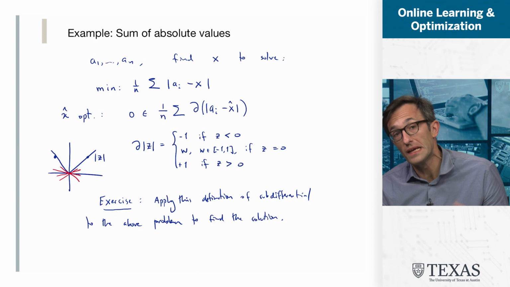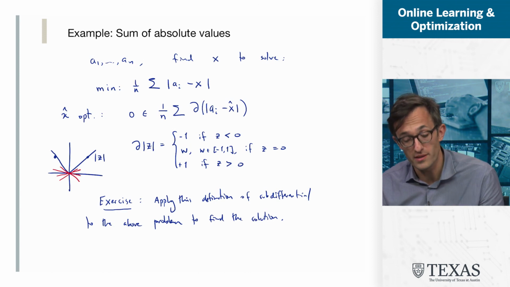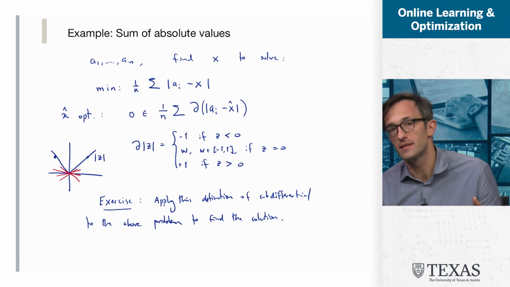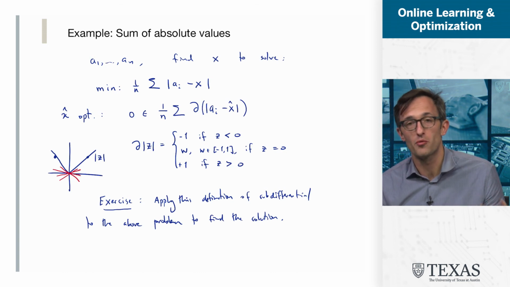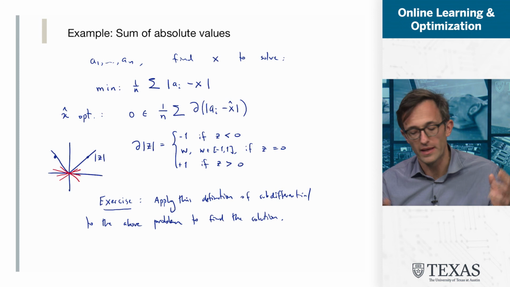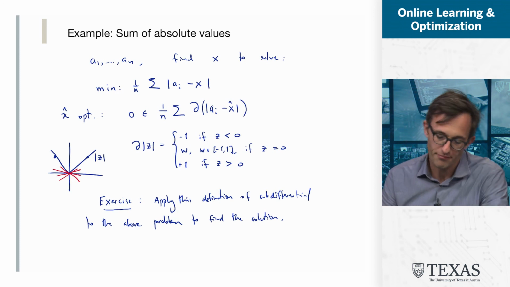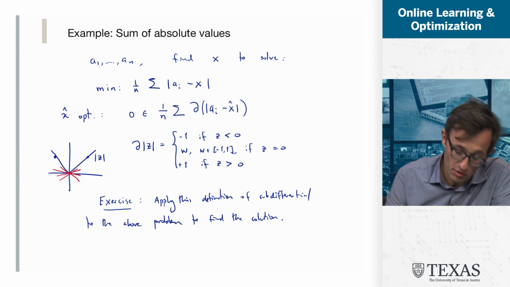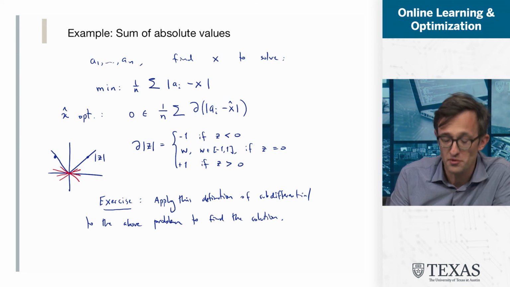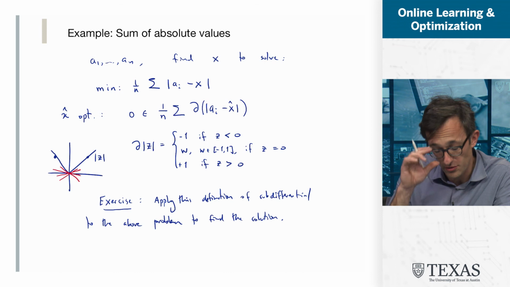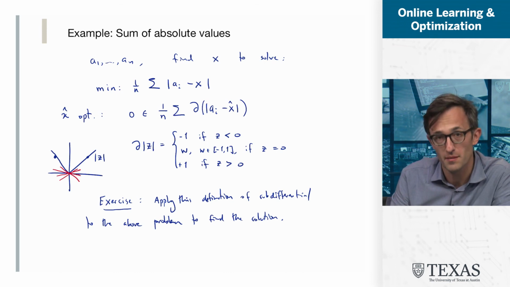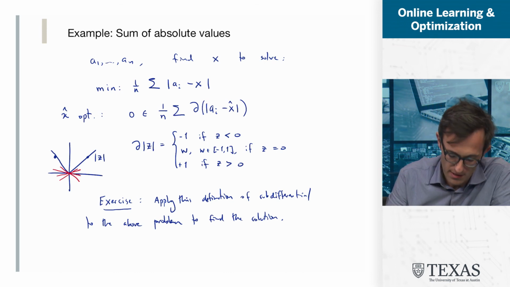This is now a relationship that you need to explore and see what values satisfy this. It's not exactly as simple an equation as we had in the previous example, where I solve it and find out that x is the average. So think about this, and this is a good opportunity to exercise this definition of the subdifferential of the absolute value function.